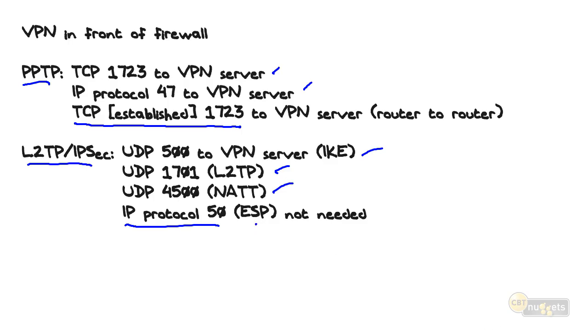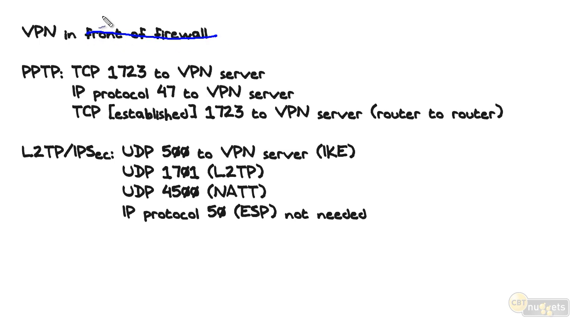Now, it's pretty much the same set of ports, even if your VPN is behind the firewall. So we're just going to call this behind now. The difference is that the firewall will need a filter for IP protocol 50 if you're doing L2TP, because the firewall is not going to do that. Now, in a lot of organizations, it is not uncommon for the firewall to also be the VPN endpoint, and so you're not necessarily configuring a filter through the firewall.